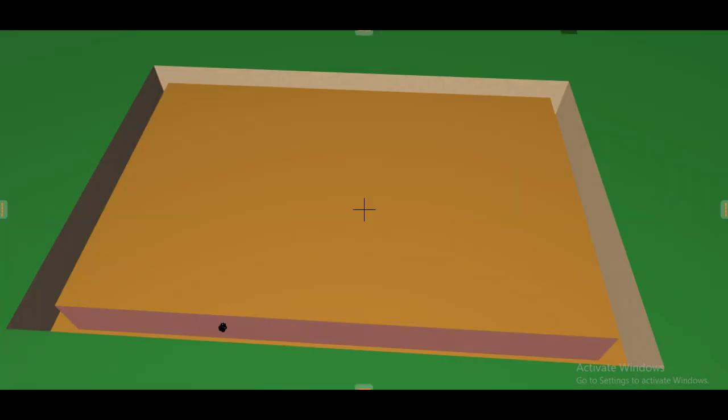Now to demonstrate trench excavation, assume this is the actual site now. So you can see we have the ground level, we have the reduced level. So we are going to have a trench excavation starting from the reduced level here.